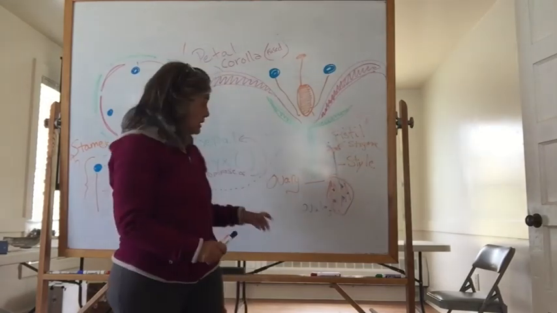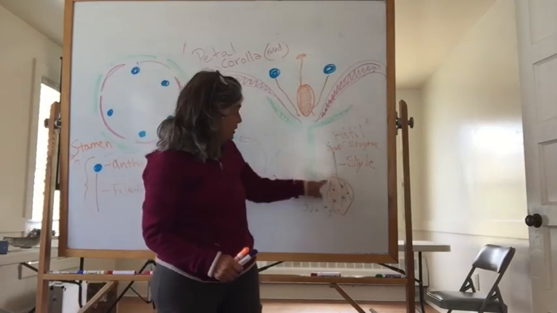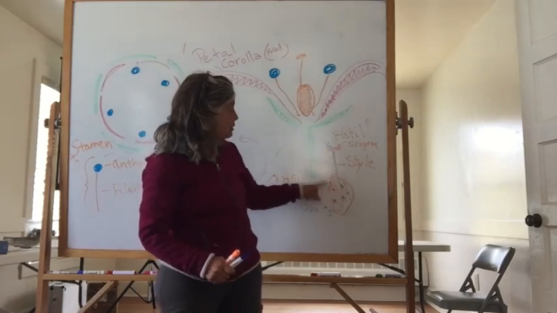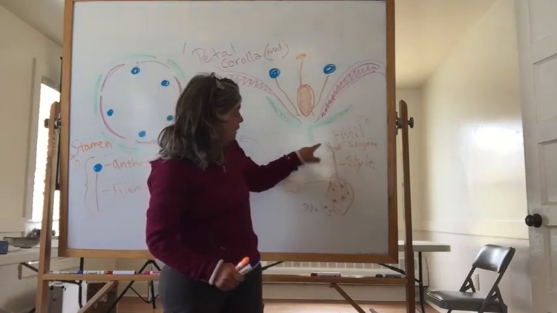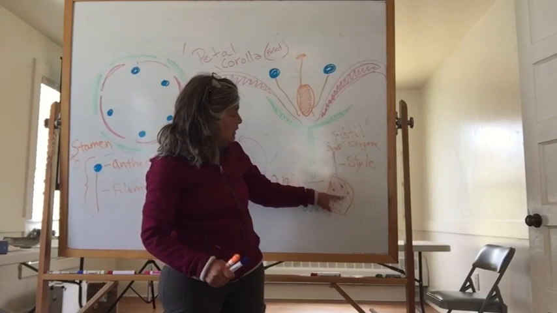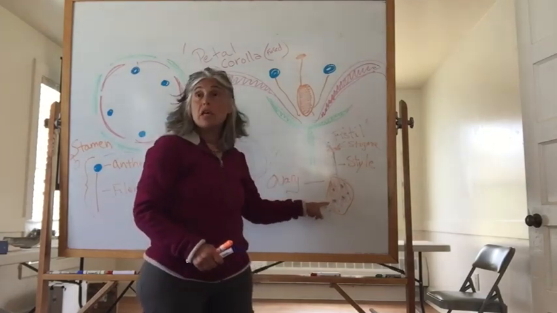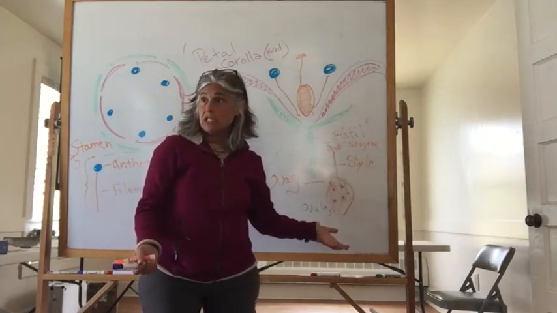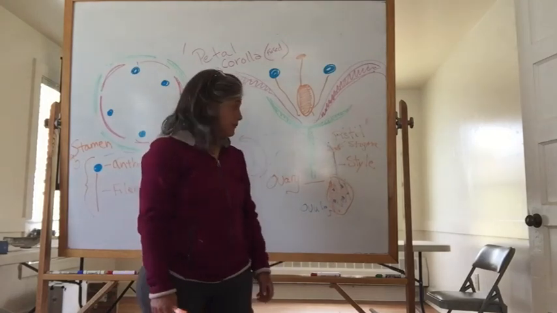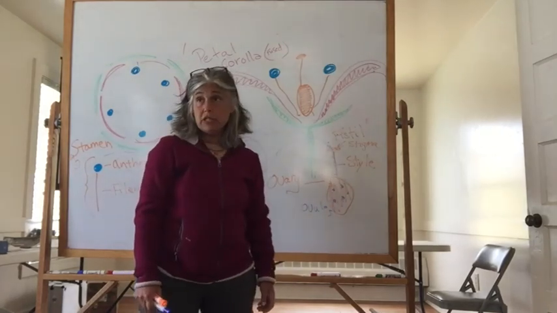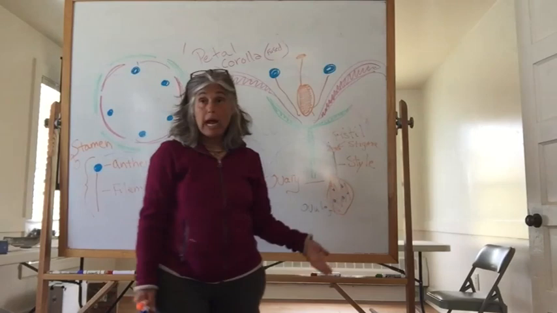Your ovary has eggs, and this ovary has ovules. And when the pollen comes in and hits these ovules, they get fertilized and they become seeds. Does that make sense?